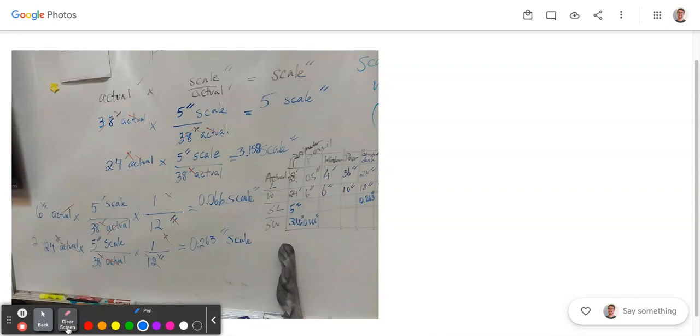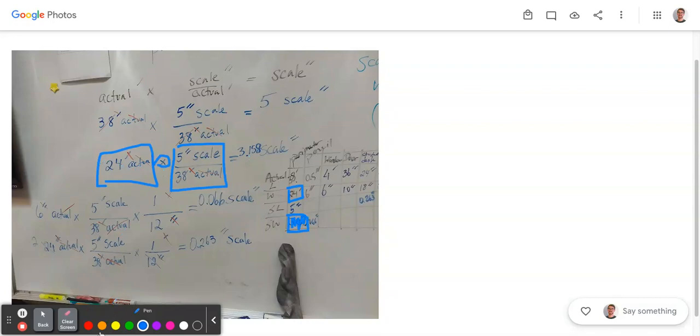Next, example 2. Now we're going to take the actual width. We're going to scale it and find the scale width, which we're going to put right here. So don't look at this yet. I'm going to find this one right now. Okay, 24 actual feet. Put it in for our actual length or actual width. We're going to multiply that by our scale factor, 5 scale inches per 38 actual feet.